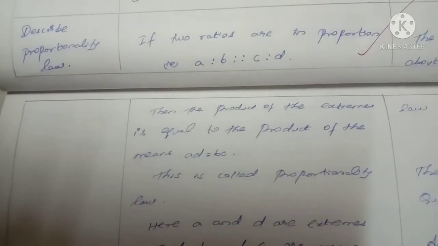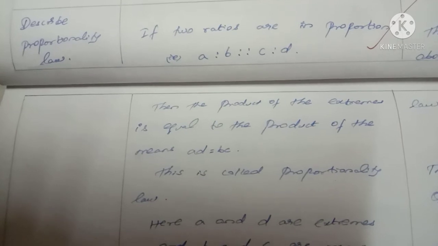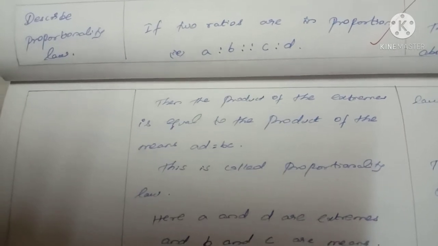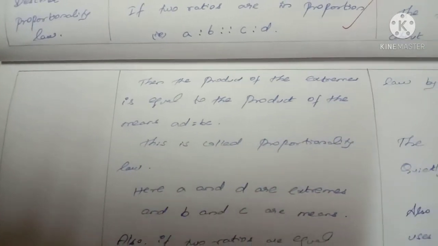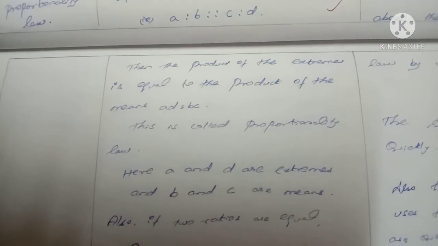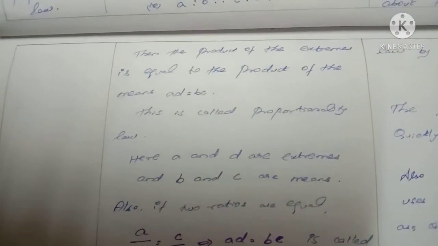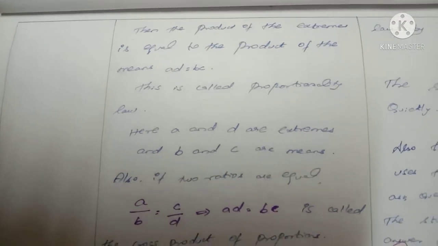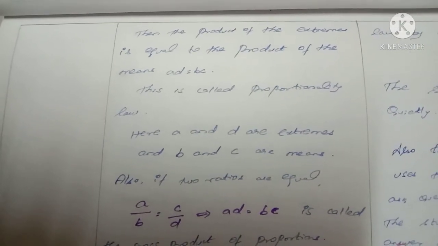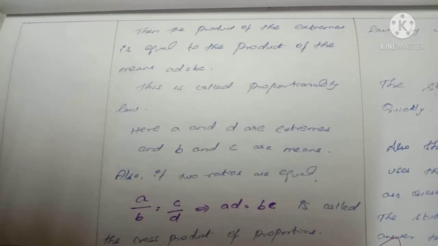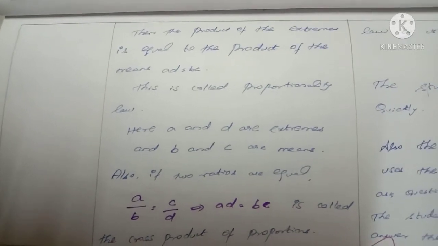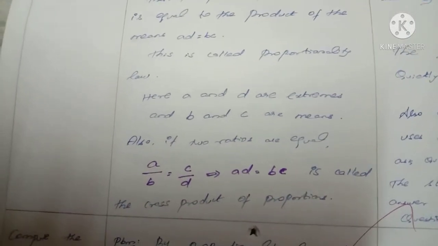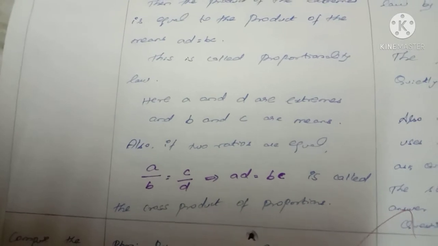This is called proportionality law. Here A and D are extremes and B and C are means. Also, if two ratios are equal, A by B equal to C by D gives AD equal to BC, is called the cross product of proportions.